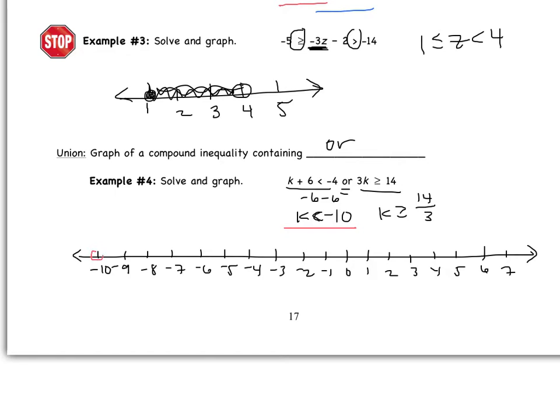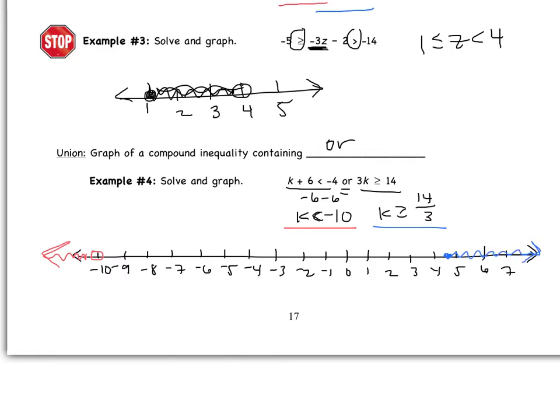That means open circle at negative 10 and everything below that. Okay, k is greater than or equal to 14 over 3. That's going to be between two numbers. Now I think 12 over 3 is 4, 15 over 3 is 5, so it's going to be between 4 and 5, but a little closer to 5. It's going to be a closed circle, and it's going to be everything above that.